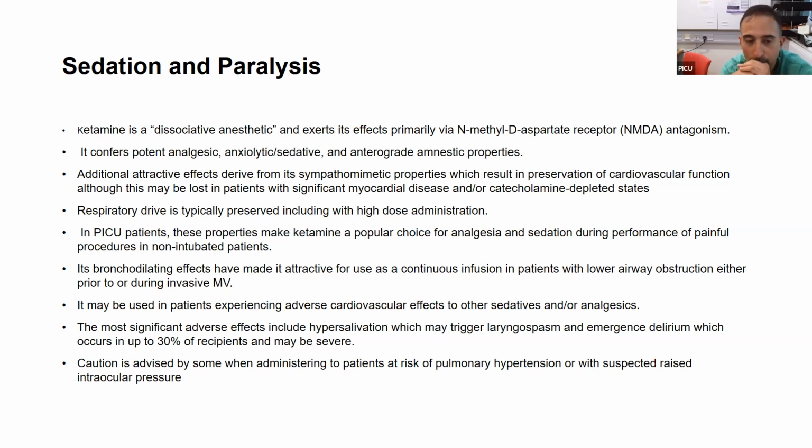In those patients, you have to be careful with ketamine. Also, you get hypersalivation, you get increased bronchorrhea, and it may trigger laryngospasm. So it's important, if you see that, to be able to offset that with muscle relaxants.